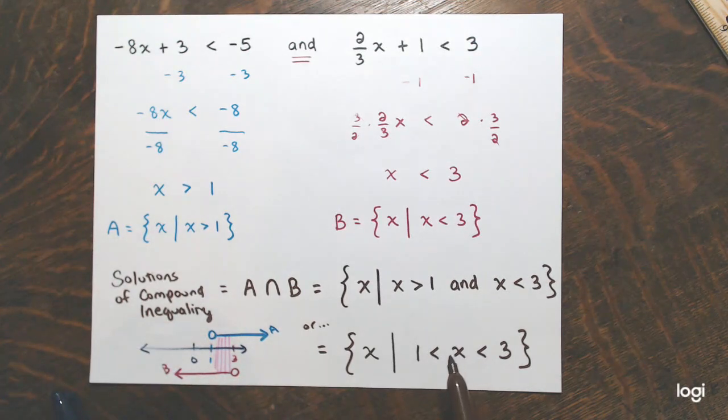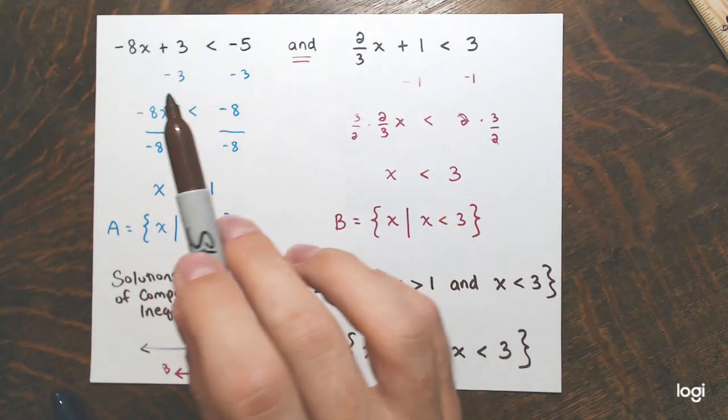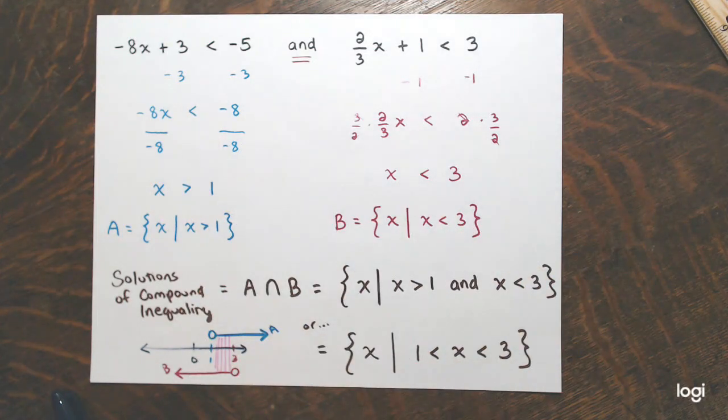You see how x is greater than 1 if you read this from right to left. X is greater than 1, and at the same time x is less than 3, meaning that x is between 1 and 3. All right, so both of these are totally fine. This is a way to write the solutions of this compound inequality in set builder notation. Alrighty, and then we'll get to the graph and the interval.